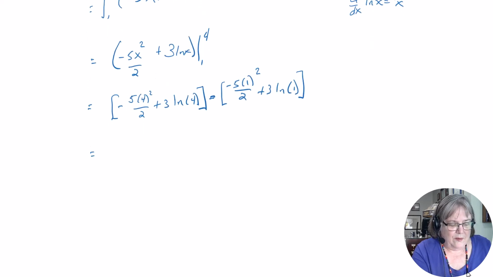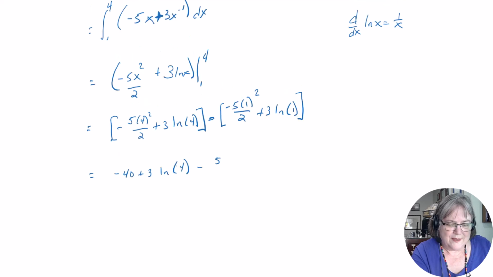All right, so when you clean this up, you're going to get minus 40 plus 3 ln 4 minus, this minus is a plus, 5 halves, minus 3 ln 1.